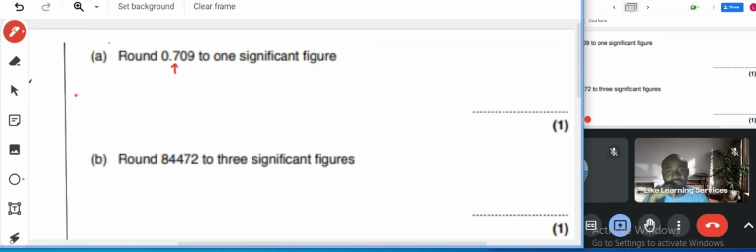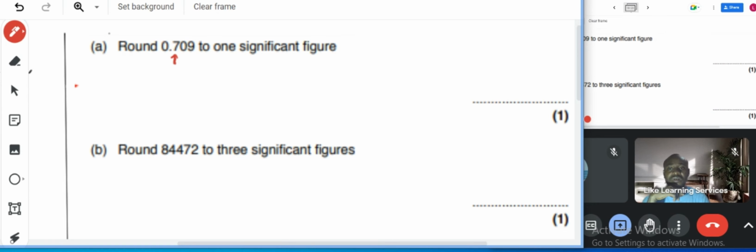That's the first significant figure. We look at the next number, 0, is it not? Anything 0, 1, 2, 3, 4, we ignore. So the answer becomes 0.7. Are we supposed to write 0.700? No. Because after the point, you don't put the zeros.